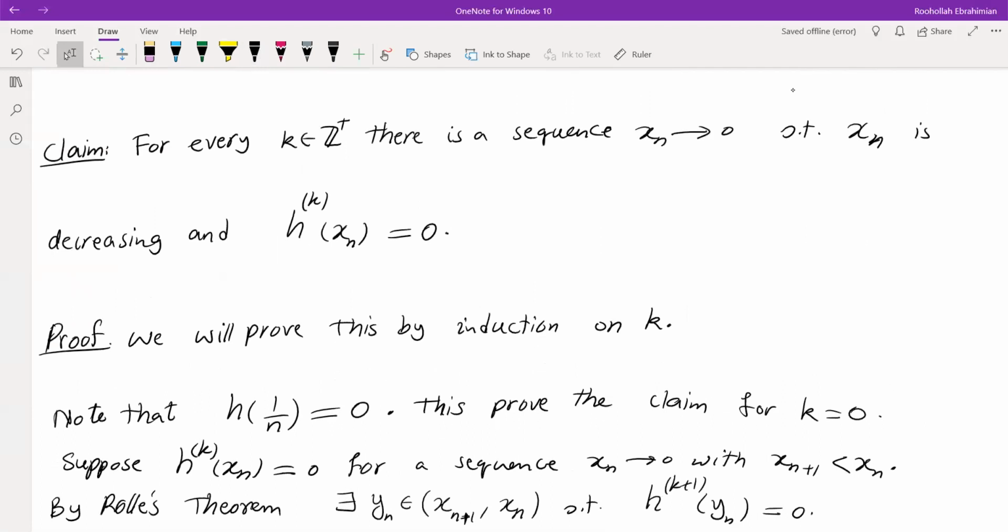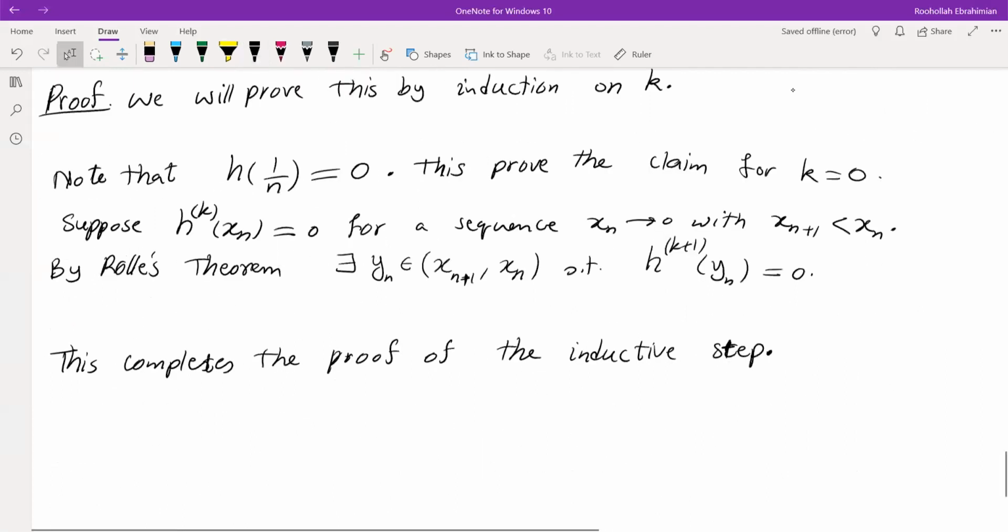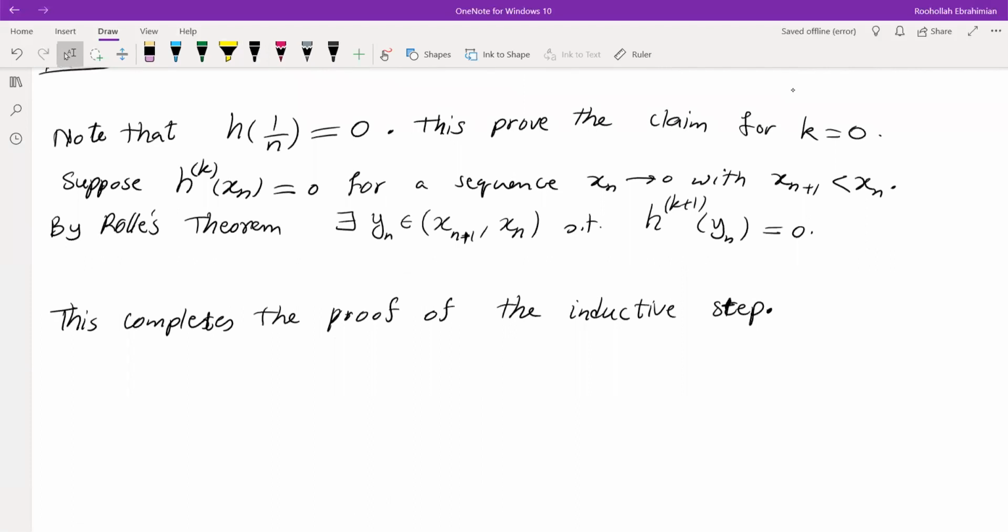And I could also add here that it is strictly decreasing just to be even more clear. So this completes the proof of the inductive step.